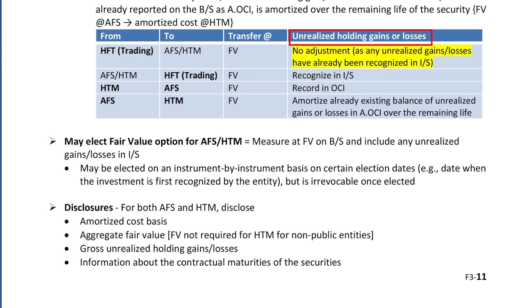However, if the transfer is from available for sale or held to maturity to trading, in that case, any unrealized holding gains or losses on that debt security is recognized in the income statement.